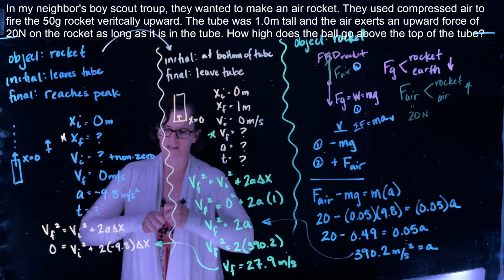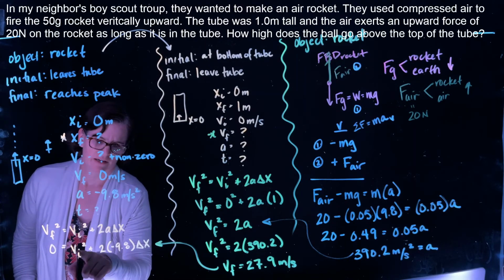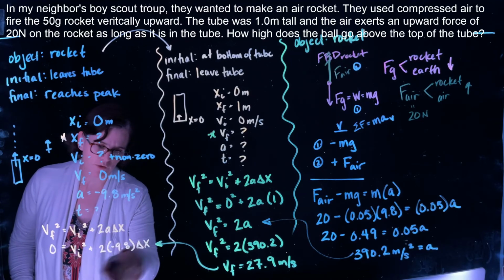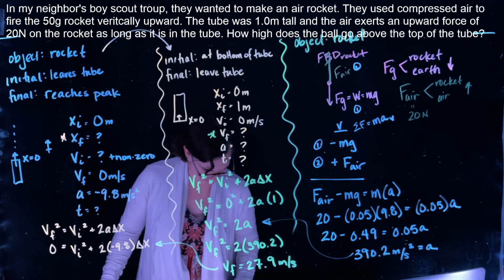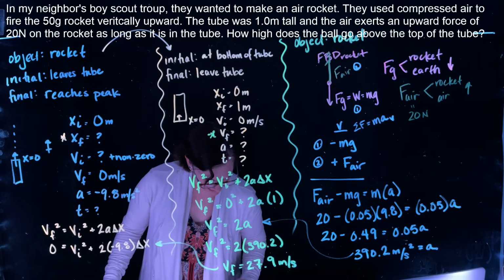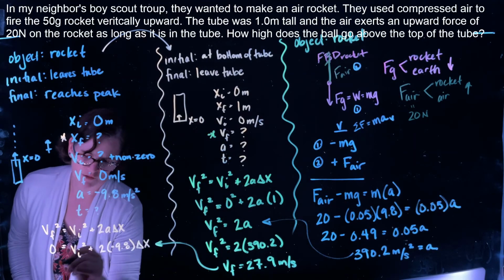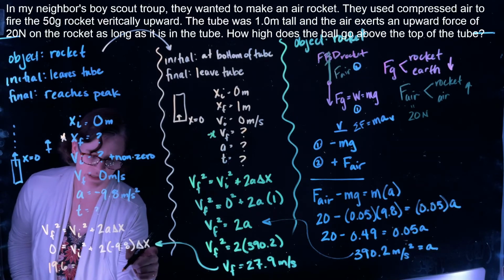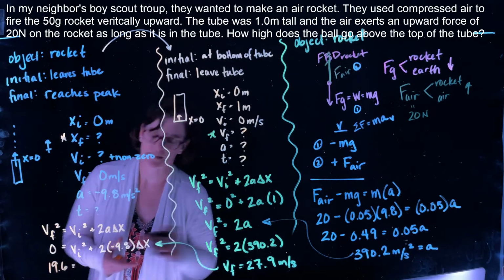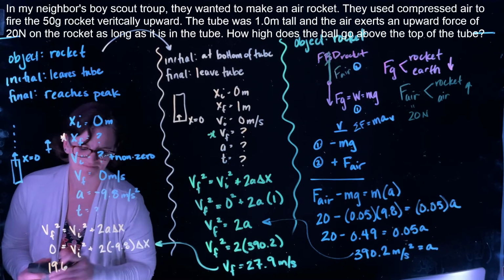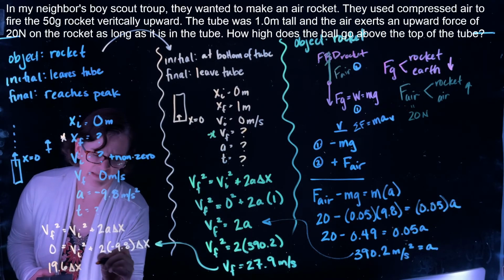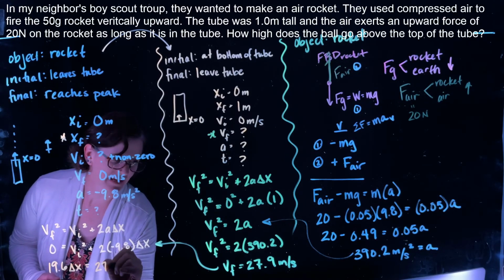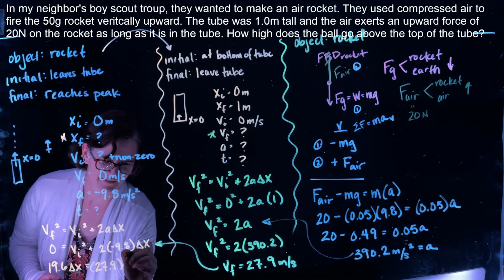V final is my V initial. So I'm going to move this to the other side. 2 times 9.8 is 19.6. So I have 19.6 times delta x is equal to 27.9 squared.